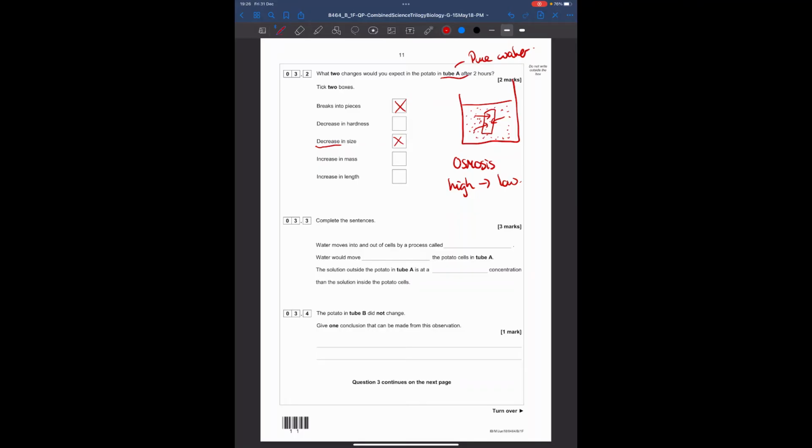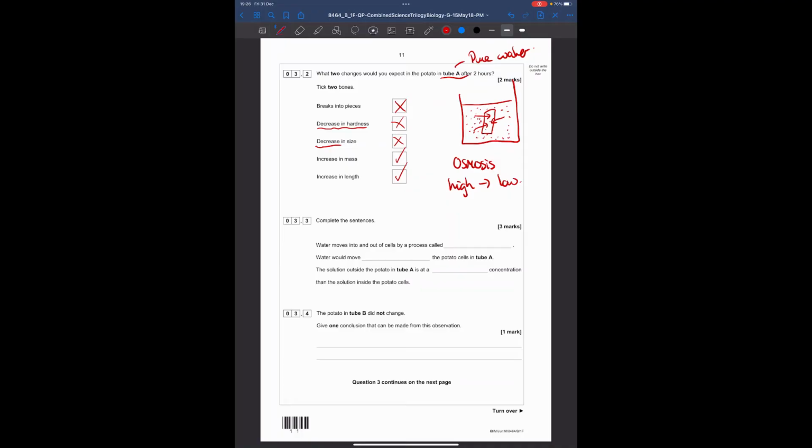So it would increase in mass and increase in length. Now, some people do often put decrease in hardness because they think, well, it's in water for a long period of time, but we're focusing on the effect of osmosis. Okay, we know water's moving into it, so its mass and length are going to get higher and bigger.